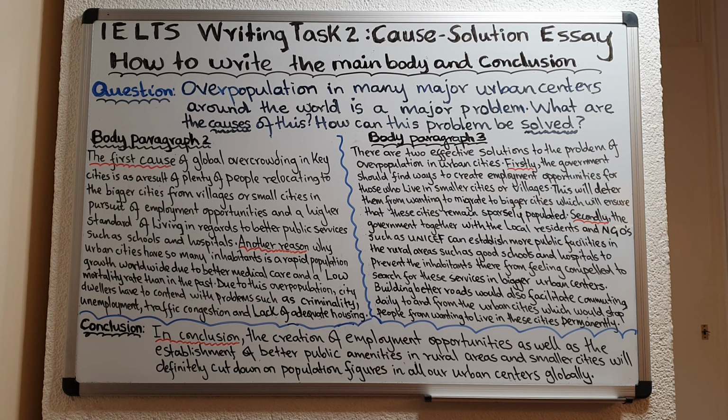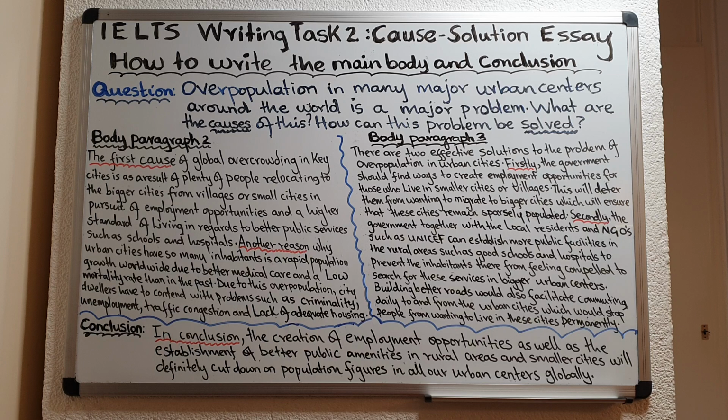Now that is a complex sentence. Remember, this is a band 9 answer. So for me to have been able to write that complex sentence, I have used a lot of linking words, okay?